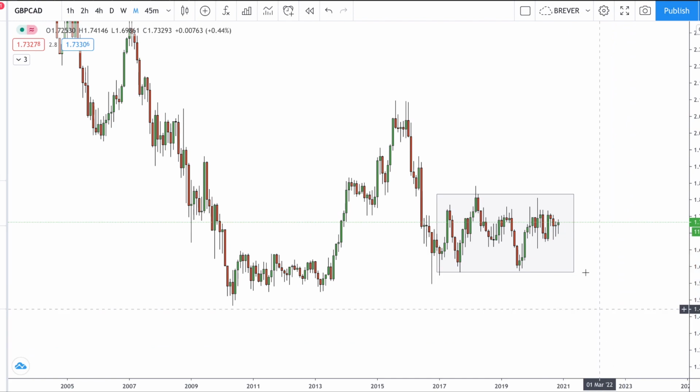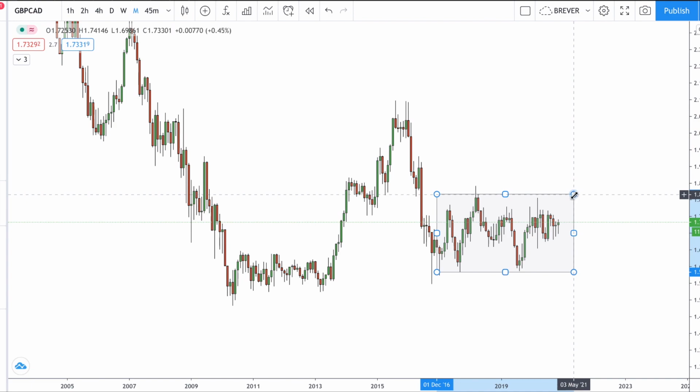Okay, now already you know the two reasons that would basically give you the way forward in this pair. You already know that we could either have an ongoing downward movement or create a new trend of an upward movement.